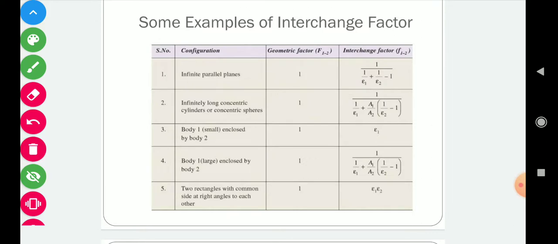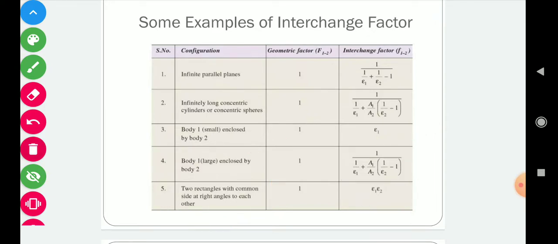Similarly, if we have infinitely long concentric cylinders or concentric spheres, again whatever energy is incident on the inner sphere will strike the outer sphere, so this geometric factor will be 1, and in that case the interchange factor will be this one. Similarly, if body 1 is enclosed by body 2, in that case the interchange factor is this one, and similarly for other cases we can calculate the interchange factor.